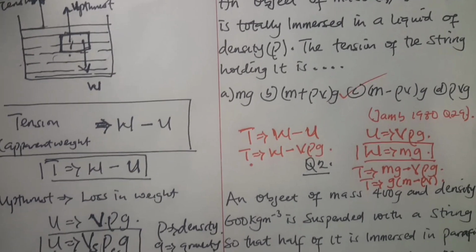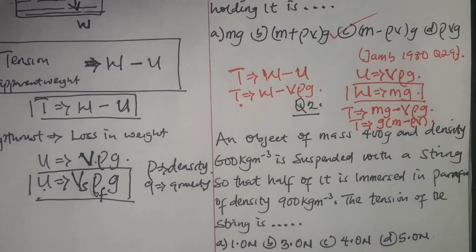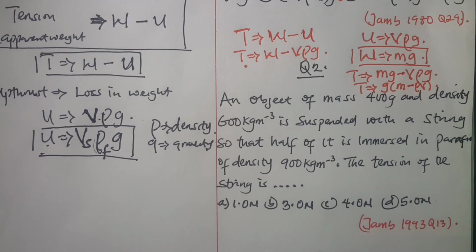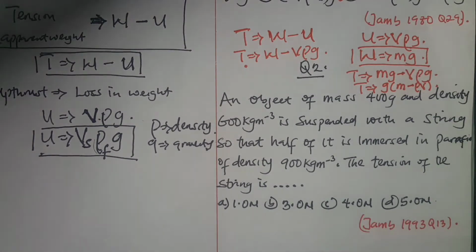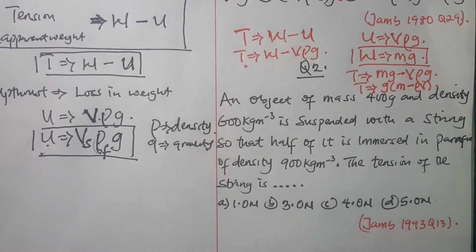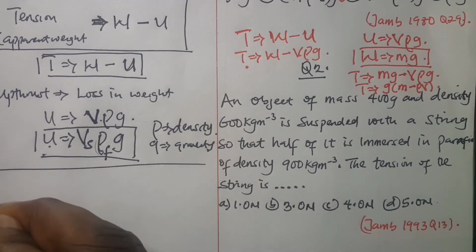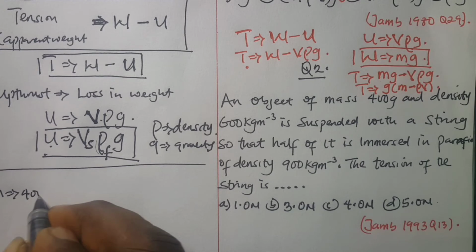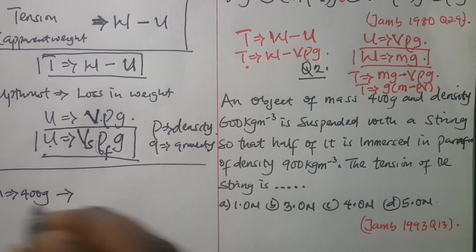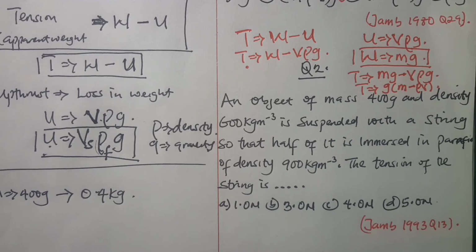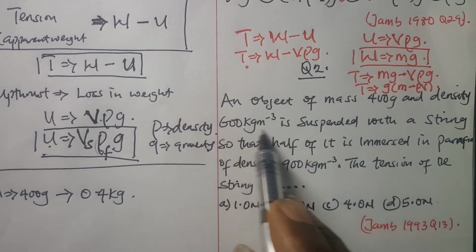The second one, quick one. The second question is also extracted from JAM, I think 1993, question 13. So we have an object of mass 400 grams, which you need to convert to kilograms. You know that's 0.4 kilogram, and density of 600 kilogram per meter cube.